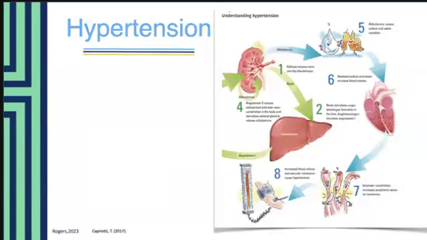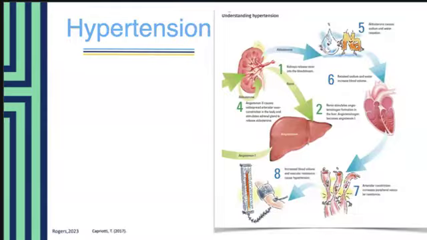Renal vascular disease, the narrowing of the renal arteries, reduces blood flow to the kidneys, and that activates pressure regulating mechanisms. Sleep apnea: even sleep apnea, with intermittent hypoxia and increased sympathetic activity, can contribute to hypertension.